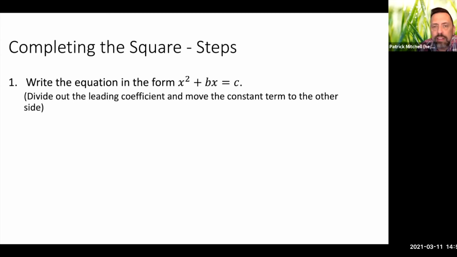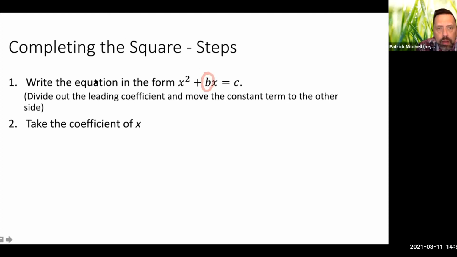And the other thing that's helpful is to move the constant term to the other side of the equation. Okay. All right, so now here's the part that I call the magic trick. You take the coefficient of x, which is the number that I am calling b, this number right here.